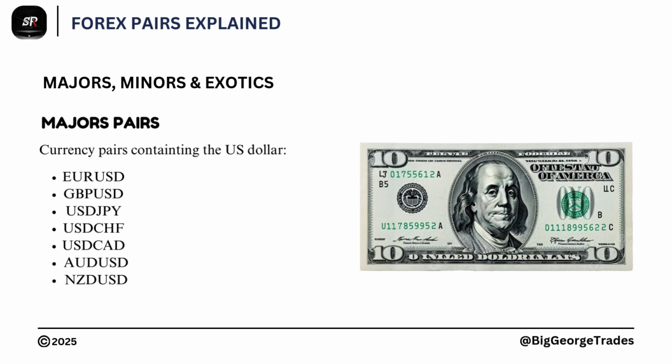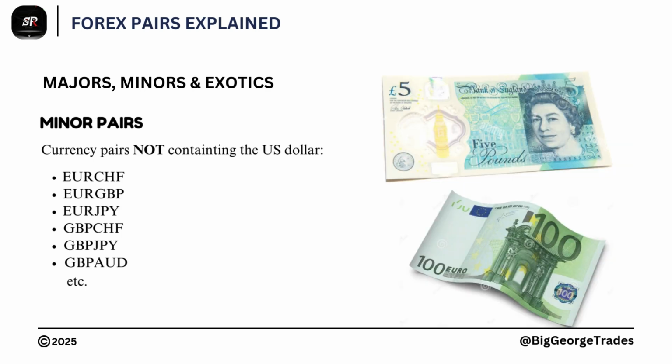Moving on to the minor pairs, they are the pairs of G10 countries that do not contain the US dollar. So we have the EUR CHF, EUR GBP, EUR JPY, GBP CHF, GBP AUD, and so on.